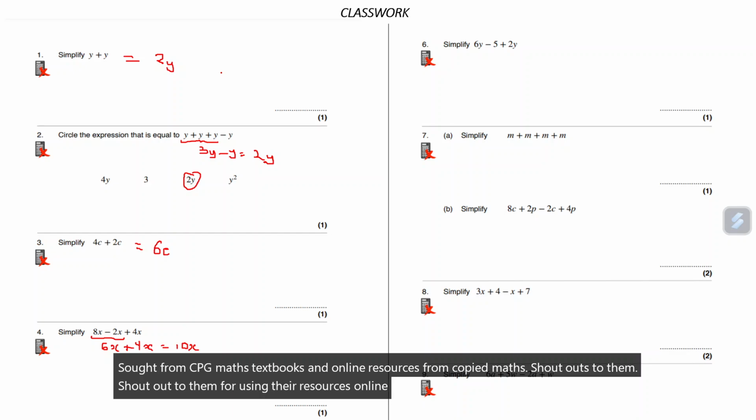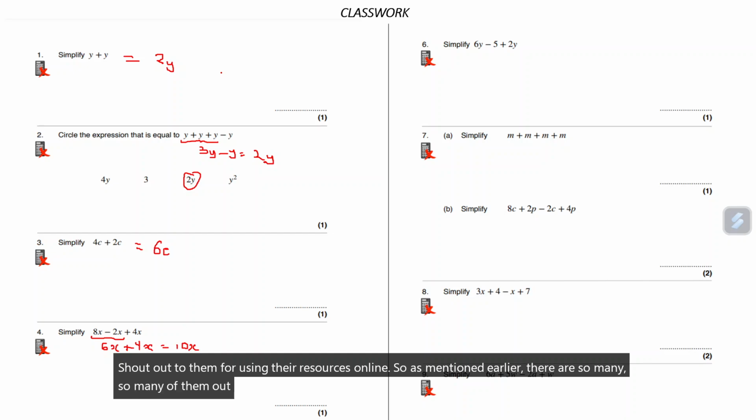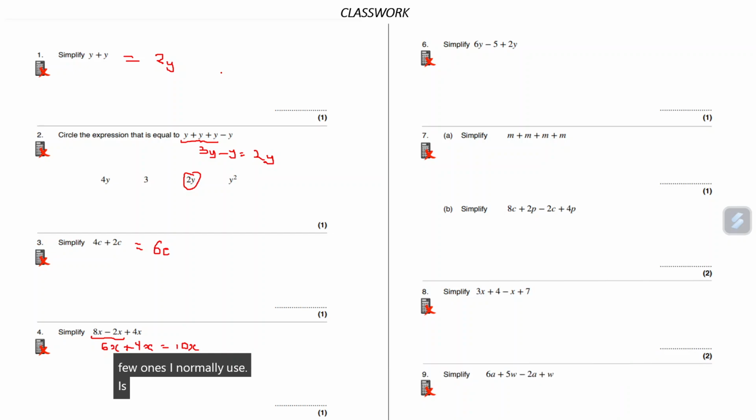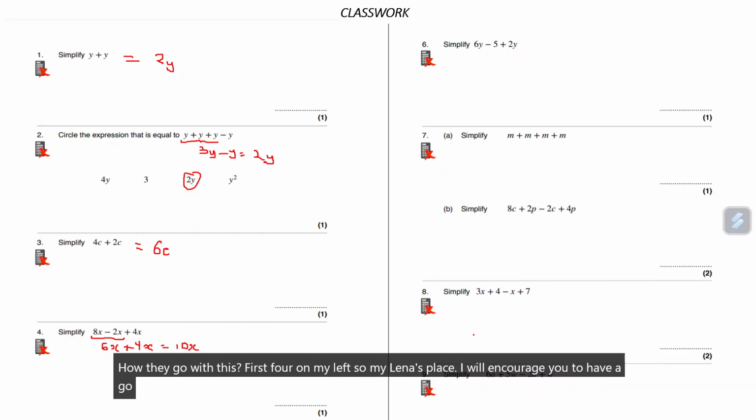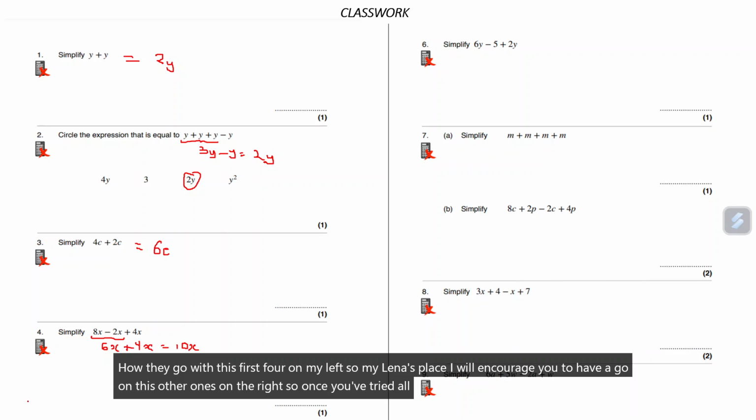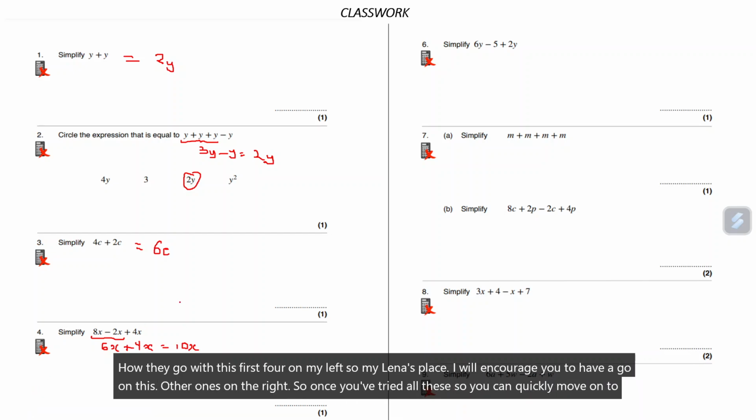As mentioned earlier, there are so many of them out there, but the few I'm conversant with and normally use are Kobe Maths and CPG maths textbooks. So I've had a go with the first four on my left. My learners, I will encourage you to have a go on the other ones on the right. Once you've tried all these, you can quickly move on to the next slide to check your work.